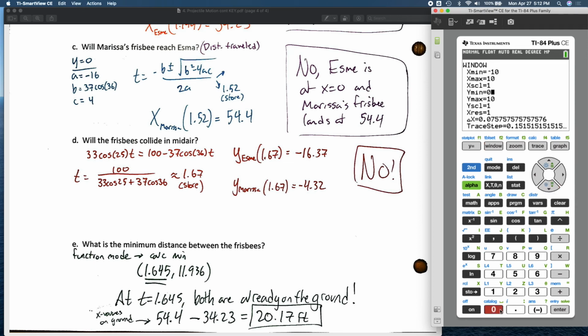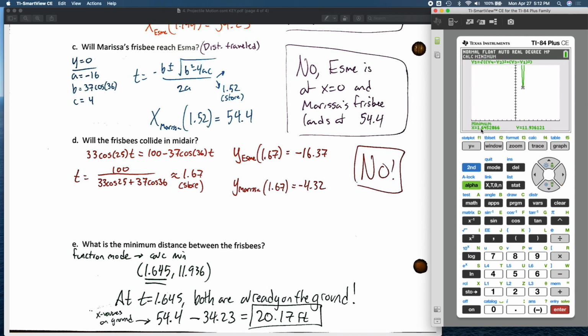So I'm going to set the y value to 0 and this to 20, and we'll just hit graph again. I should see something. There we go. Just hit second calc, going to do minimum, and I'll remind you that your calculators probably graphed that extremely slowly. It is a very complicated equation for it to do. I'm just going to make sure that I move myself past it on either side before I hit enter.